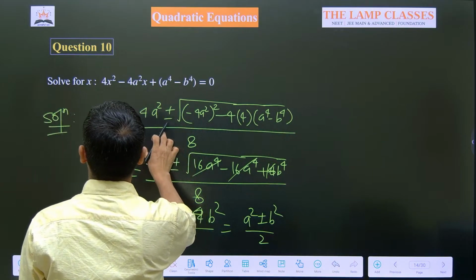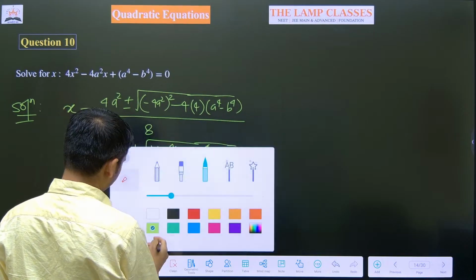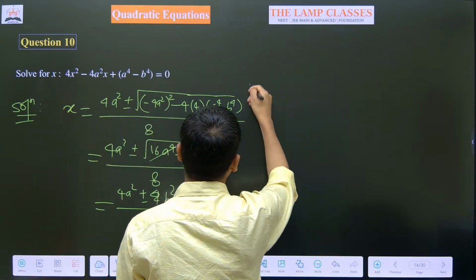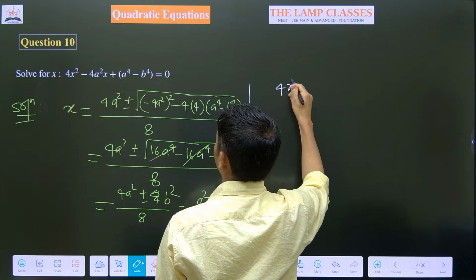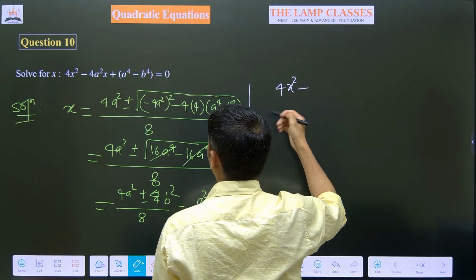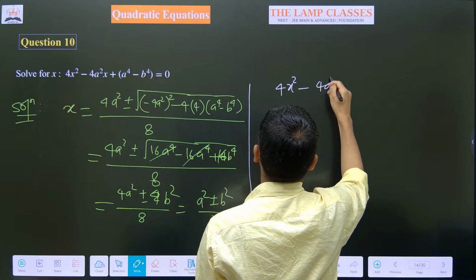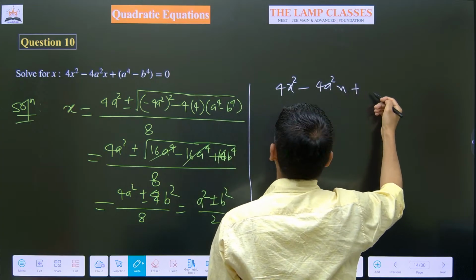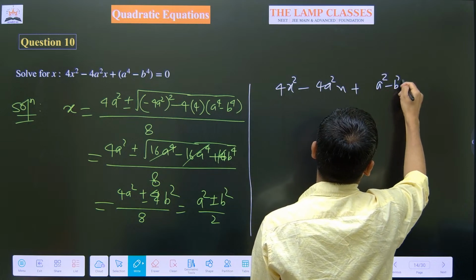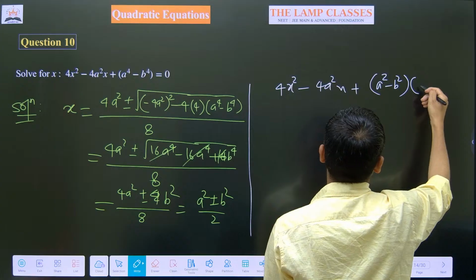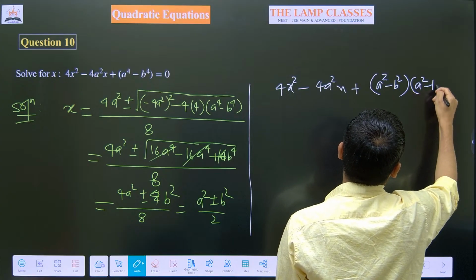If you want to use factorization, then you can use the method of splitting the middle term. So what you do, it's 4x square minus 4a square into x plus, we can factorize a raised to 4 minus b raised to 4, a square minus b square into a square plus b square.